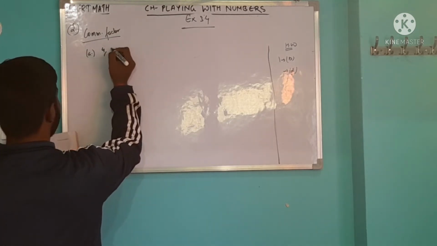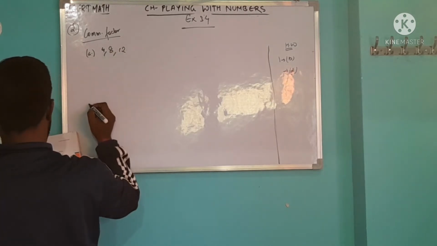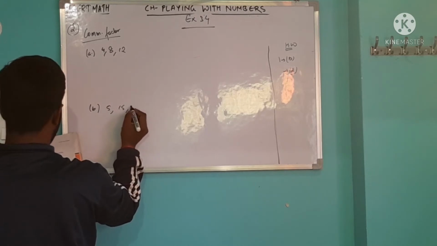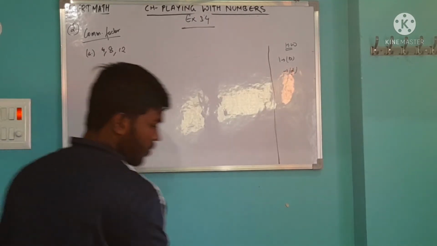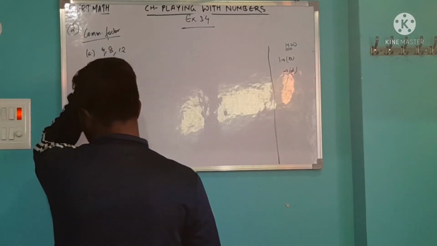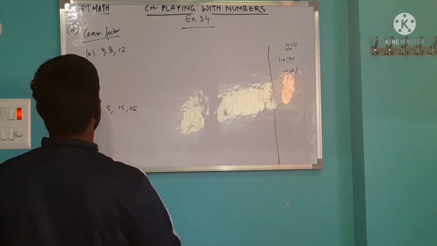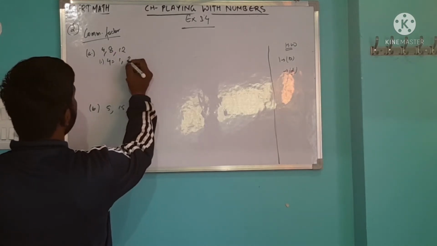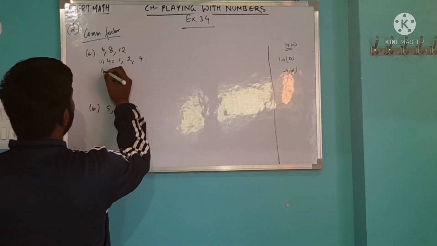In the first part we have 4, 8 and 12, and in the B part we have 5, 15 and 25. Again we need to find the common factors of these three numbers. It is similar to the previous question. The first term has factors 1, 2 and 4.